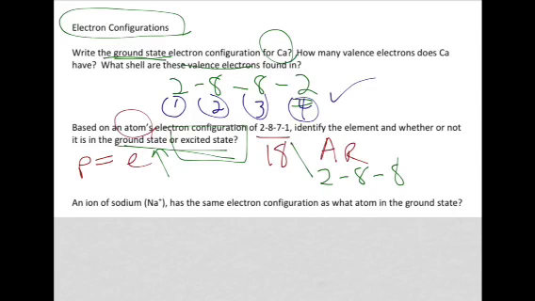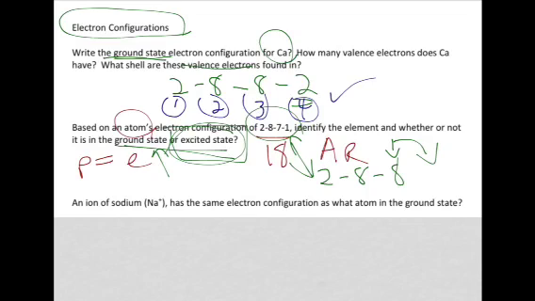That does not match what was given, so therefore it's got to be the excited state. You have the promotion of one of the electrons here in the valence shell that has moved out. So use the electron configurations that are on the periodic table. They're all ground state electron configurations, and play the matching game.